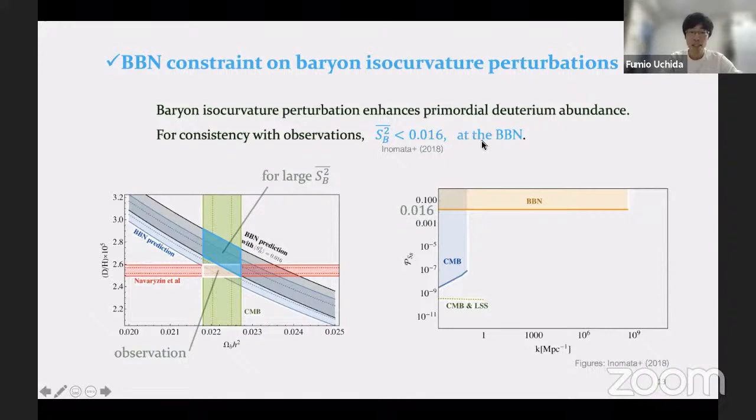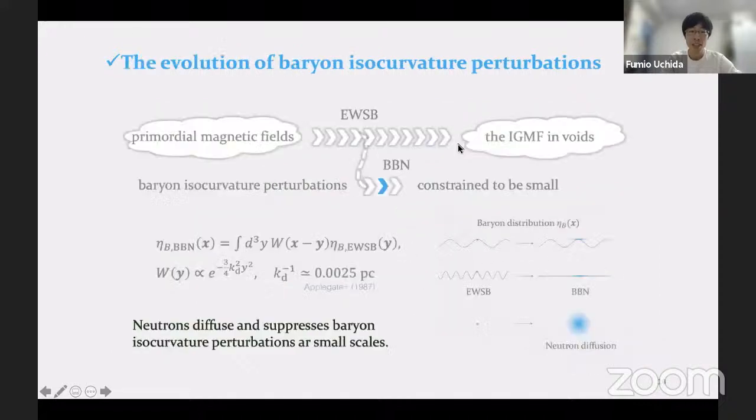Here, what is constrained is S_B squared at the BBN. So we have to consider the evolution of baryon distributions from the electroweak phase transition until the BBN. And here, neutron diffusion plays an important role.